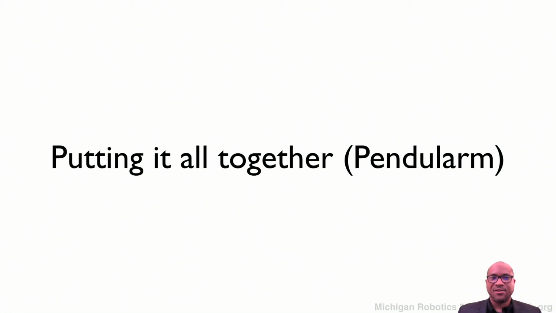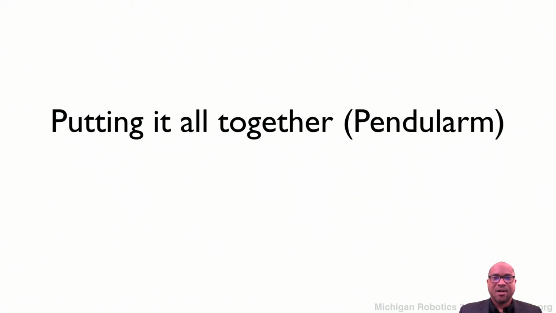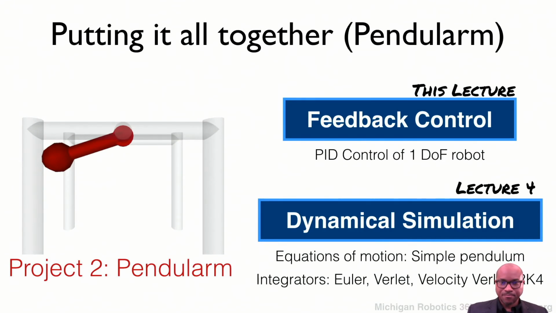So if we put all of these ideas together into the Pendularm project, what we're doing is taking what we had from the last lecture about dynamical simulation, using the integrators that we have, and integrating over the equations of motion for the simple pendulum.